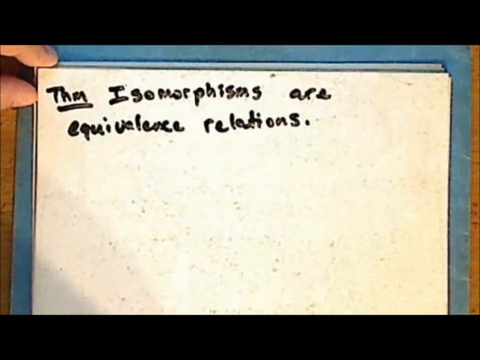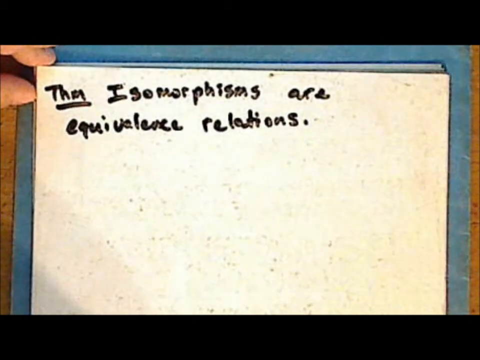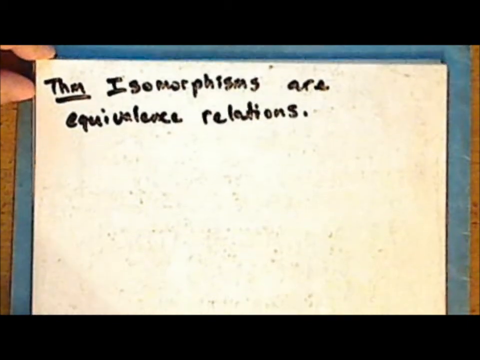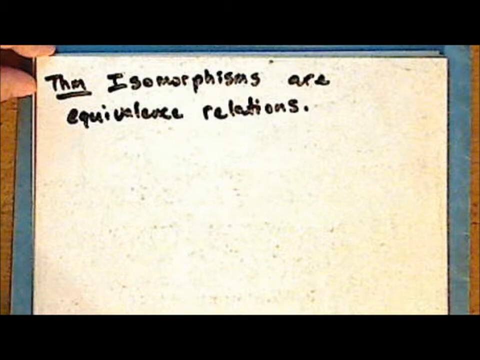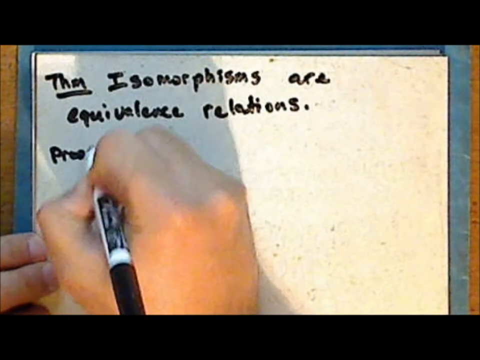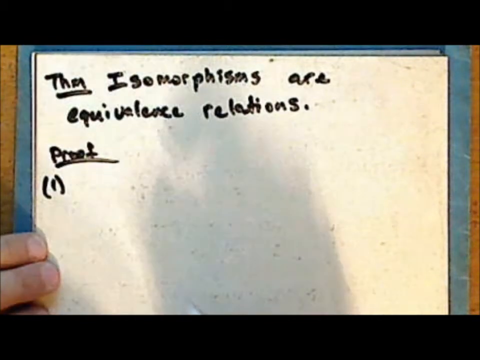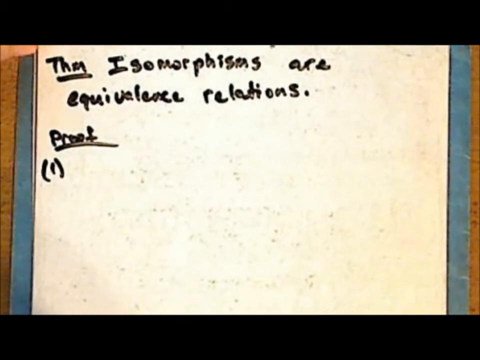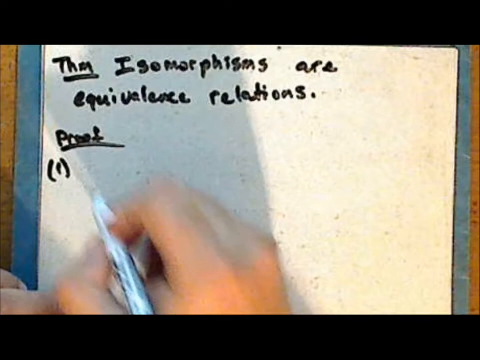Okay, so to prove that a given relation is an equivalence relation, we need to demonstrate that it satisfies three properties: that it is reflexive, symmetric, and transitive. So first, we'll demonstrate that an isomorphism is reflexive.